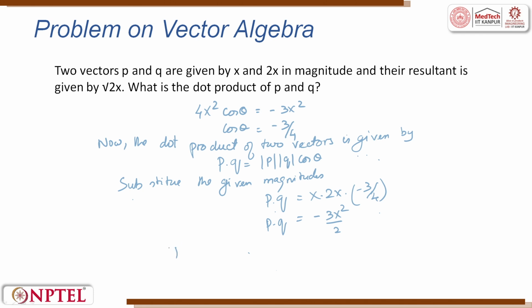Therefore, the dot product of given vectors p and q is minus 3 by 2 x square.